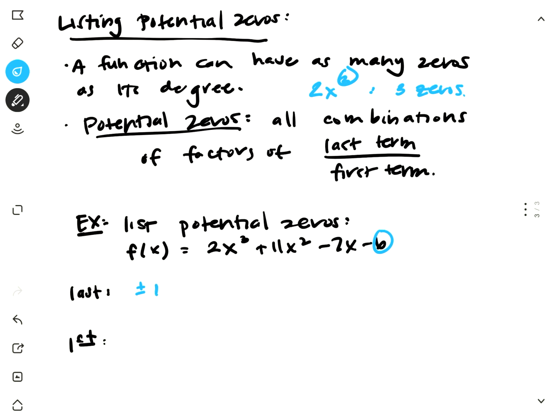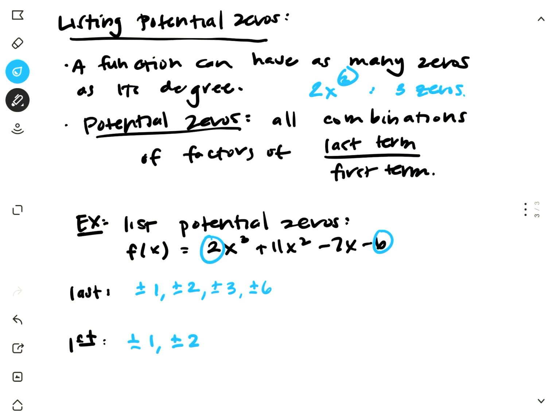So 1, 2, 3, and 6. Right, there's no other factors of 6. There's no other things we can multiply to get 6. 1 times 6 is 6. 2 times 3 is 6. And then the first one is 2. So that's pretty easy. 2 is 1 and 2. Notice I'm putting all the positive and negatives because we don't know exactly the signs there.